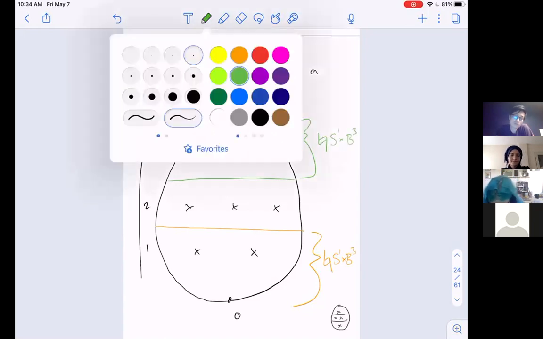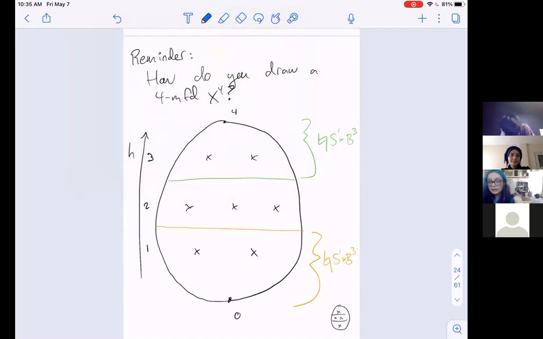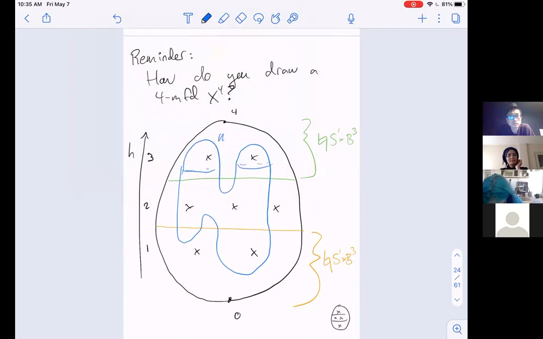If I have a surface in a 4-manifold, I'm going to make it Morse with respect to H, and pull all of the maxima up and the minima down, just like before. So all of the maxima are above height 5/2, and all of the minima are below height 3/2. That way, inside of these S1 cross B3s, my surface just intersects them in boundary parallel disks.